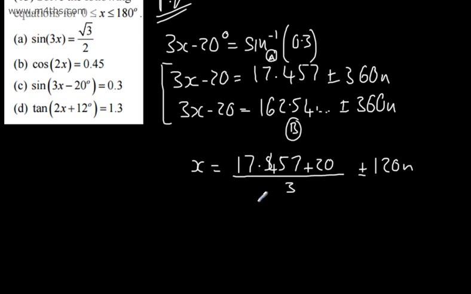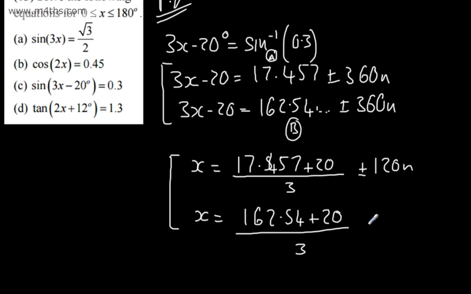I'm showing full workings, I'm just doing it in a bit of a one hit. If we look at this one, x is going to be equal to now the 162.54 plus the 20 degrees divided by 3 plus or minus multiples of 120 degrees. I'm remembering I'm adding 20, then I'm dividing both sides of the equation by 3 each time.